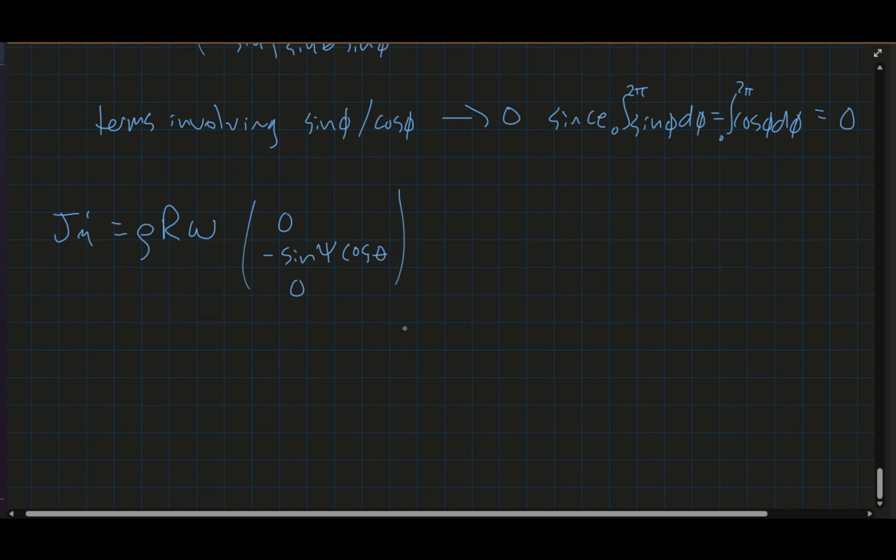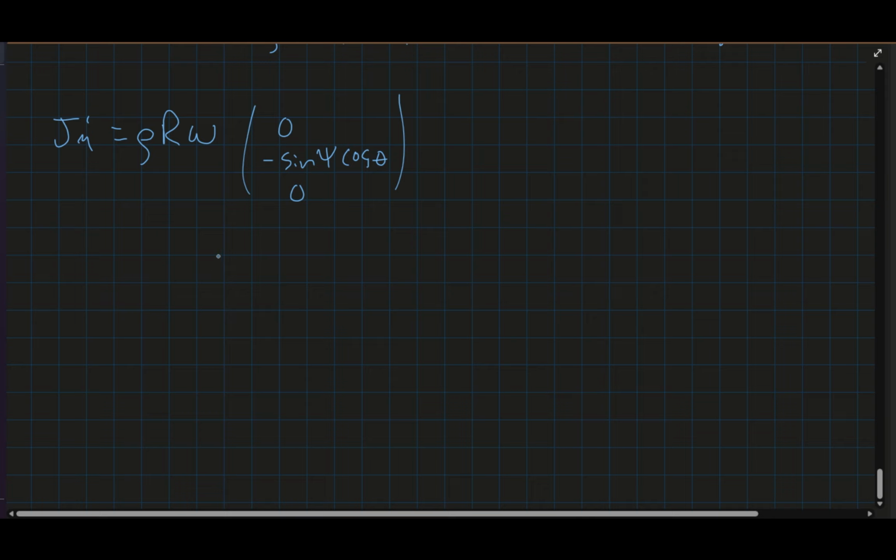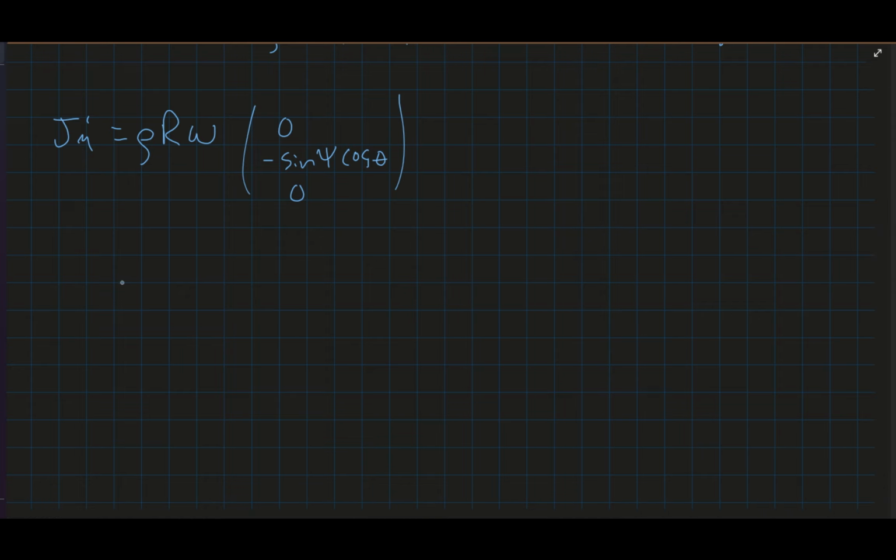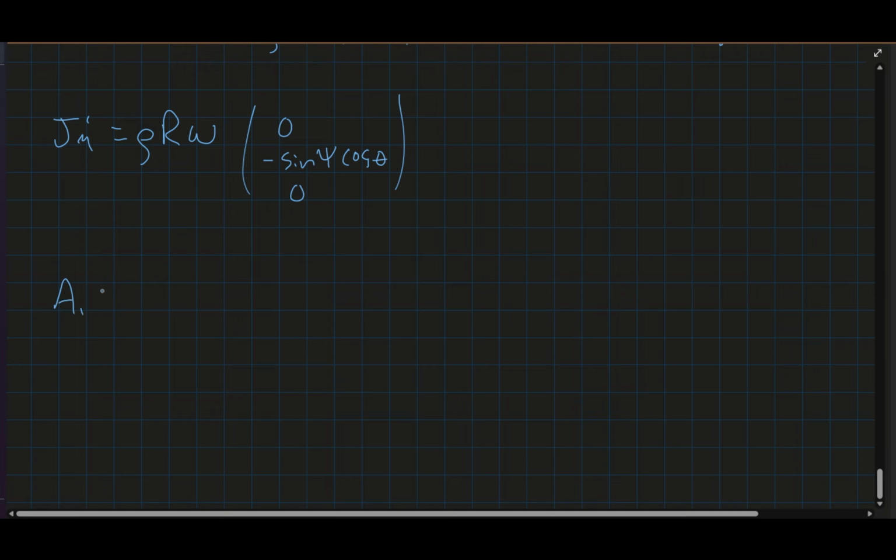Okay, so this is what we're going to integrate, and we can go ahead and set this up now. Well, we know a0 and a2 are going to evaluate to 0, but we can write down an equation for a1. So this integral, we're going to get rho r omega minus sine psi cos theta times the area element here, r squared sine theta d theta d phi.